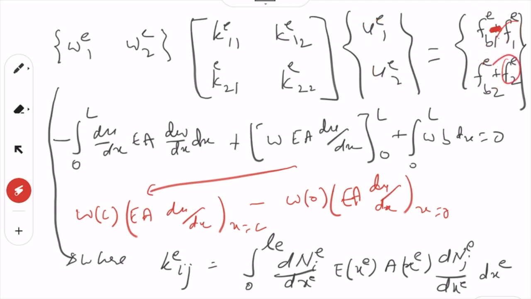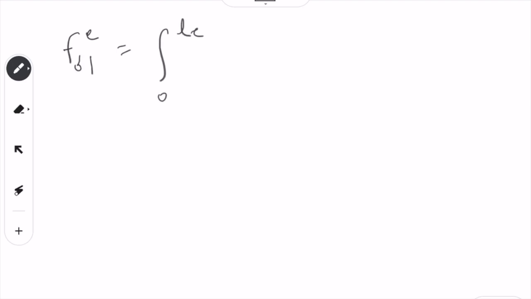So, here Fe1 and all those things, basically this F e b i will be equal to the integral from 0 to L e of N e i, the ith one, and then we have W, not W, W is gone.